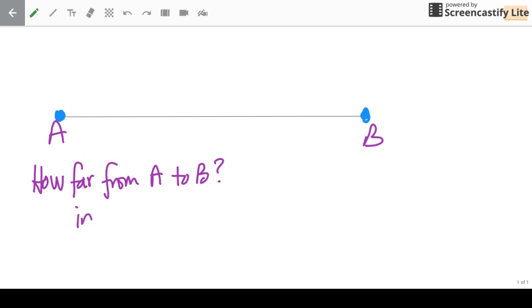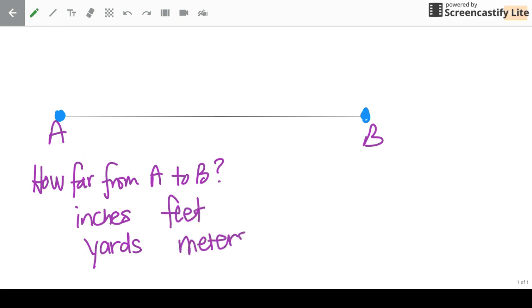Let's see, I could use inches to measure from A to B. I could use yards, right? I could use feet. I could use meters. I could use centimeters. I could use miles, kilometers. I can even use standard deviation.